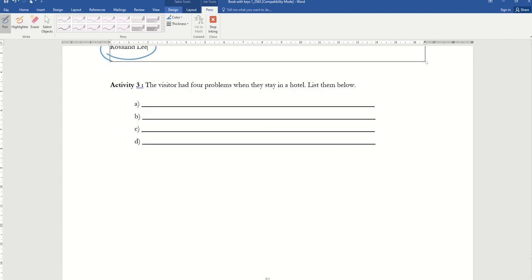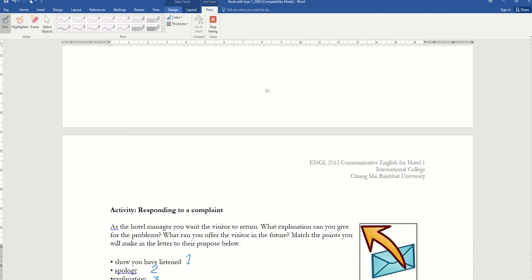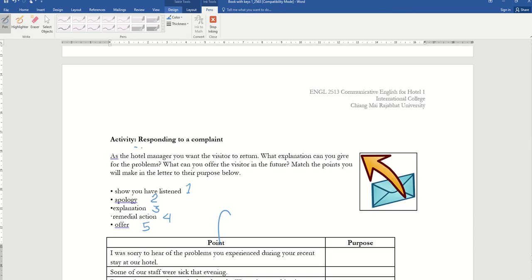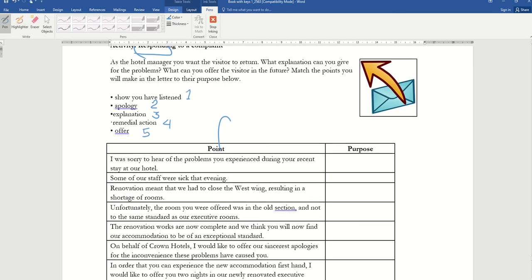And as we are hotel staff, we have to respond to a complaint by following some guideline, format, which are showed you have listened: apology, explanation, remedial action, and offer.